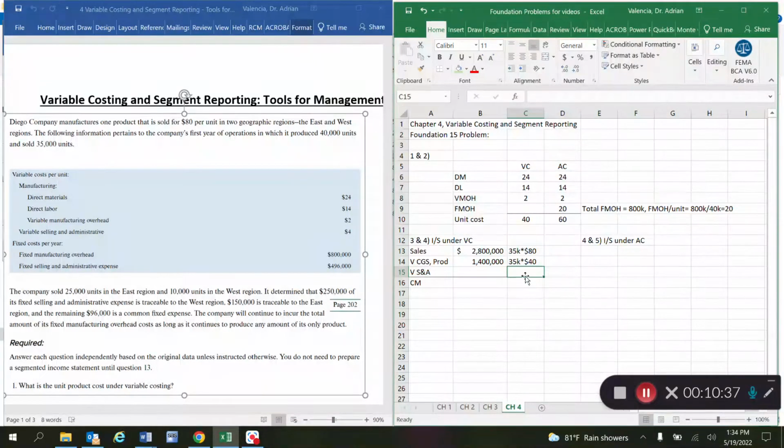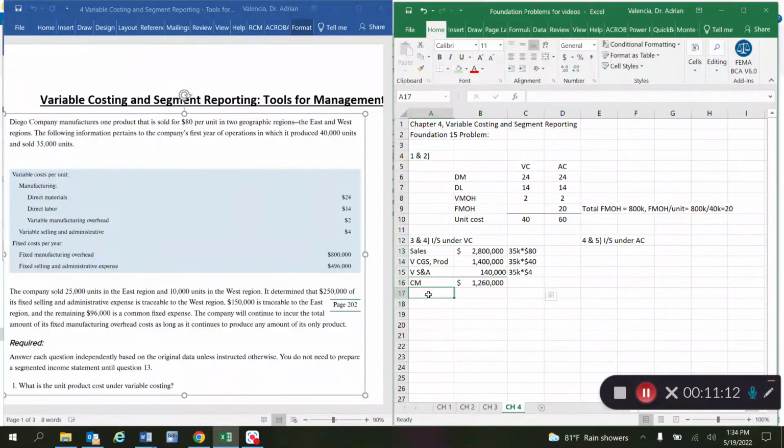So 35K times $4 ends up being $140,000. And then we can compute our contribution margin, which is sales minus variable product cost minus variable S&A. So our contribution margin is $1,260,000, and the way we think about it is, I have $1,260,000 to cover my fixed costs.